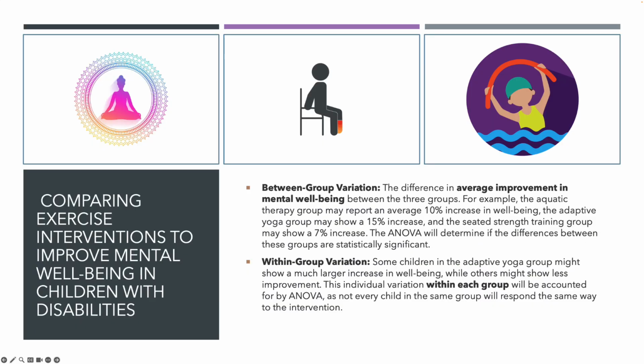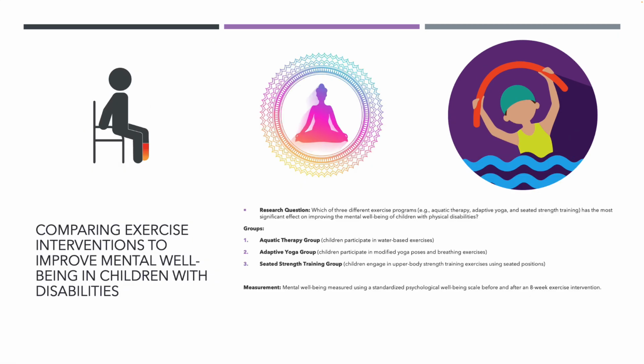So if we're doing this one-way ANOVA, let's go back to this one because this was the last one we talked about. Sorry. We are looking at a single variable, exercise programs, between 3 groups.